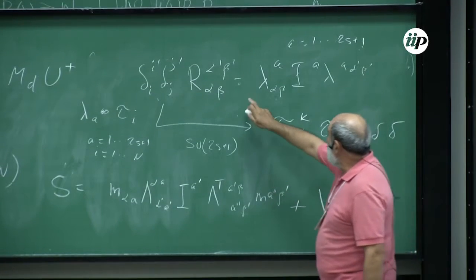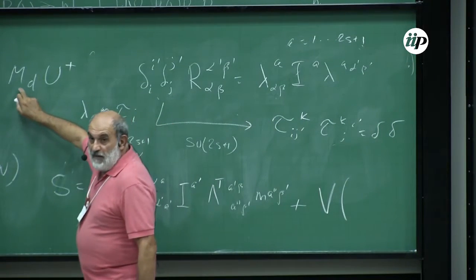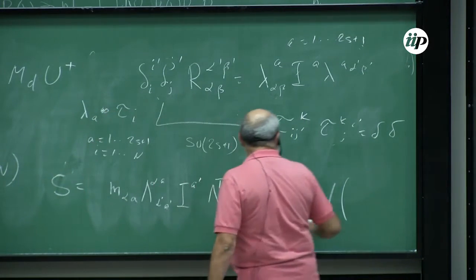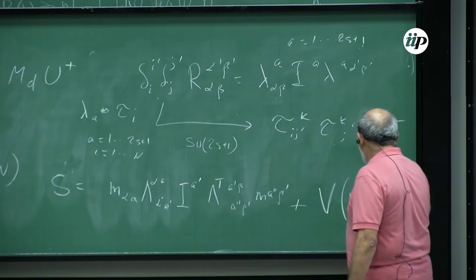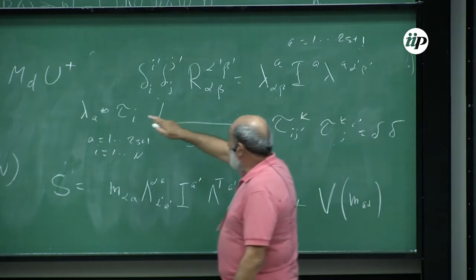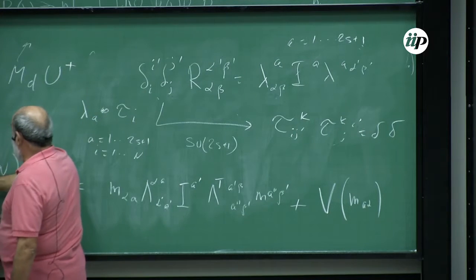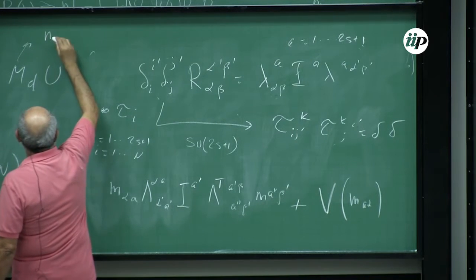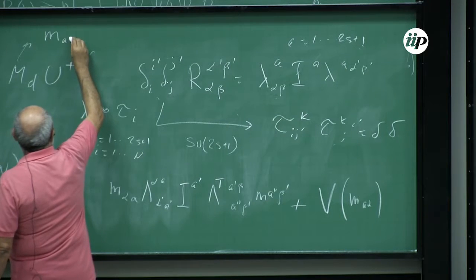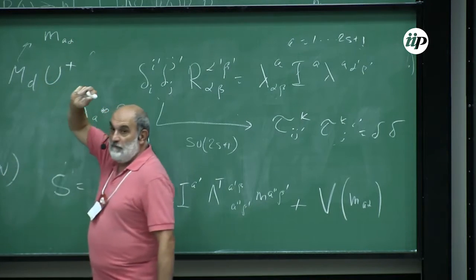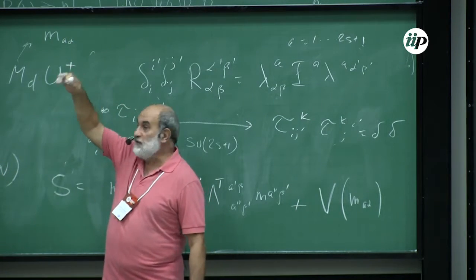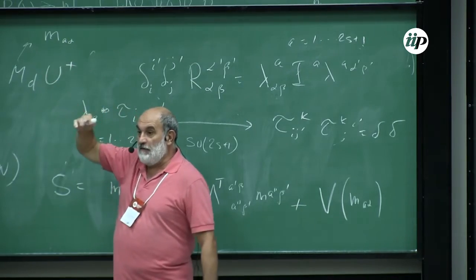M's are diagonal elements of matrices M. So I have diagonal elements of the M matrix, which one can mark as M, A, alpha. Alpha is running from 1 to 2S plus 1, and A is running from 1 to N.